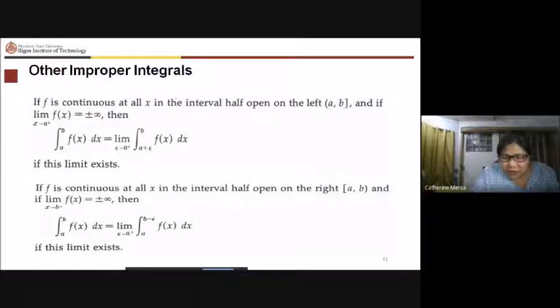So the value should be a little bit greater than a, since it is an open interval, so you use a plus epsilon. In case the open side is the other one and the closed side is a, then use b minus epsilon, because you have not yet reached b.